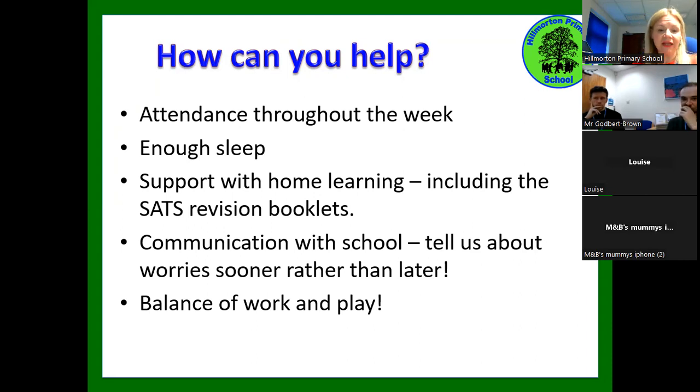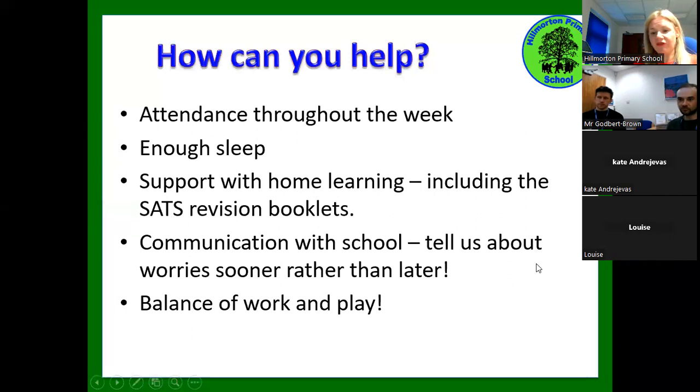It is really lovely. Try and encourage them to get to bed early the night before, so they've got enough sleep. And any support with home learning, we send lots of different things out, lots of homework tasks. And again, if you know that there are any issues or concerns, just communicate with us.